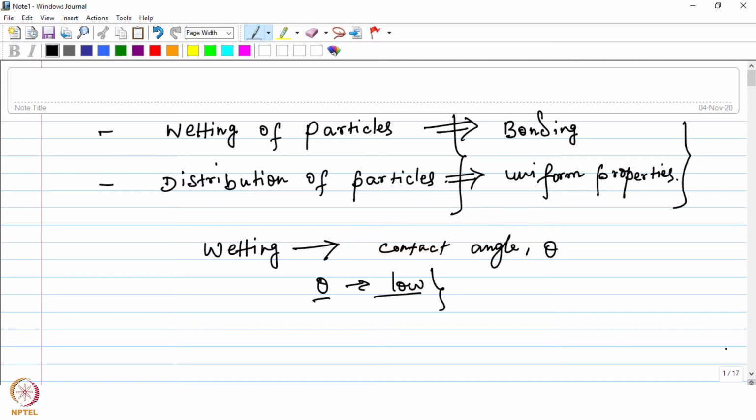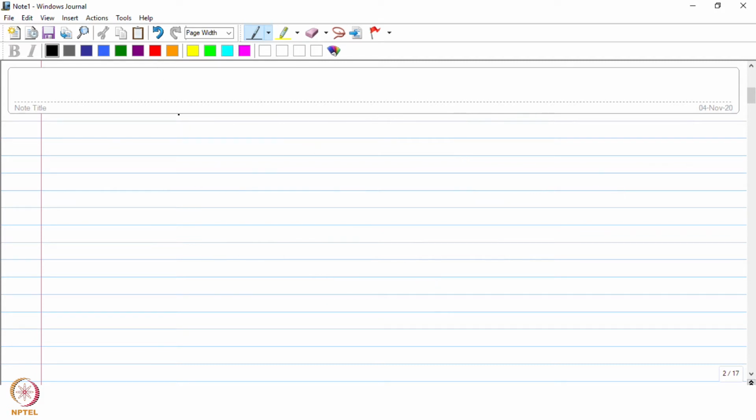And we have also discussed the process parameters which can affect this wetting, and we have seen temperature is one of the main parameters which affects the contact angle. That could be seen if you take an example of a particular system.